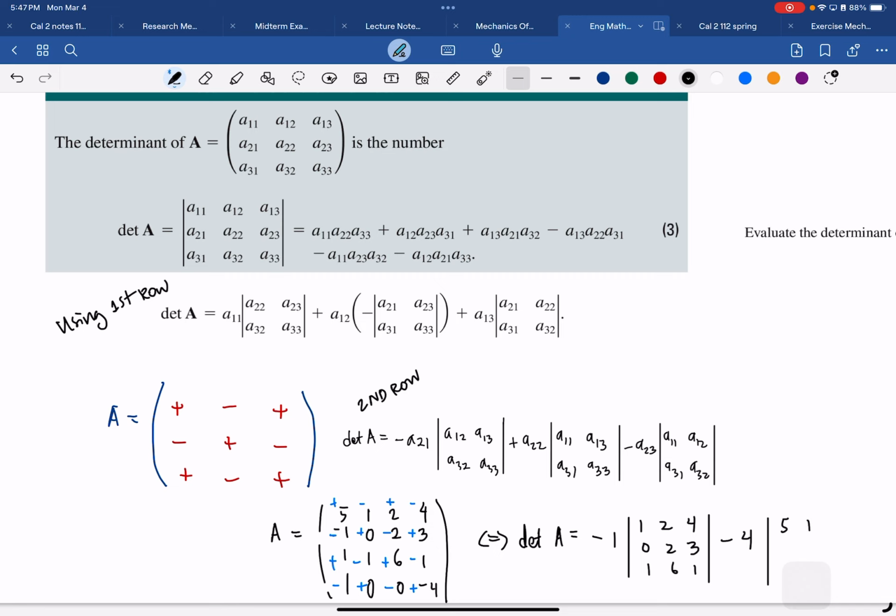This will be 5, 1, 2, negative 1, 0, 2, 1, 1, 6. Okay. So we might need to compute the determinant for each one of them and then go back to the final computations and we get the formulations, okay?